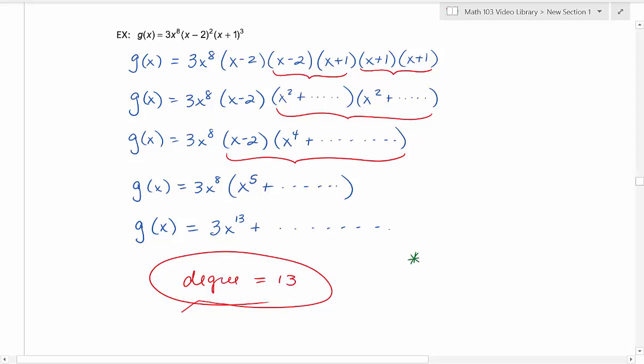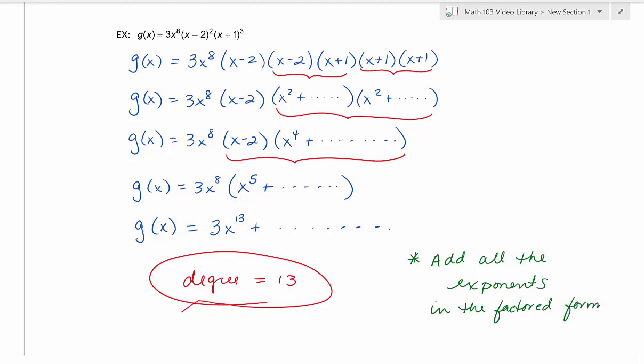When our polynomial is in factored form, we want to add all the exponents. Eight plus 2 plus 3 gives us our degree of 13.